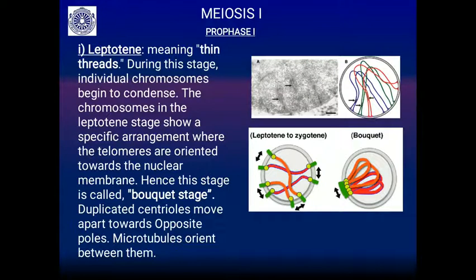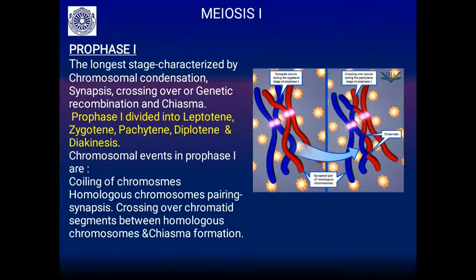So in meiosis first, the prophase first is the longest stage, characterized by chromosomal condensation. As usual, you have seen this also in mitosis. Then another important one is synapsis, that is the homologous pairing.